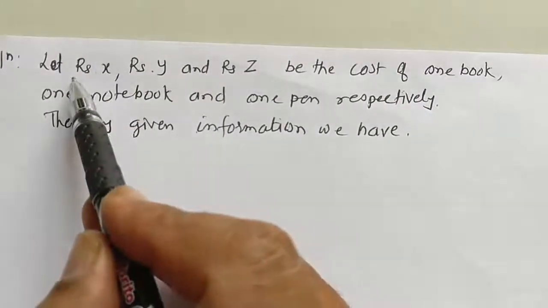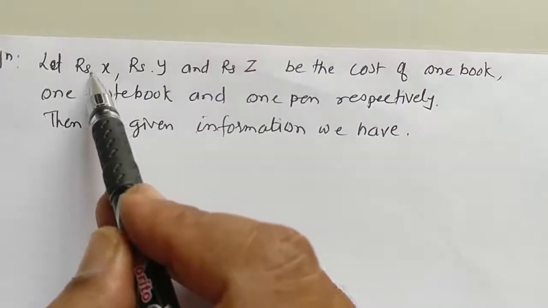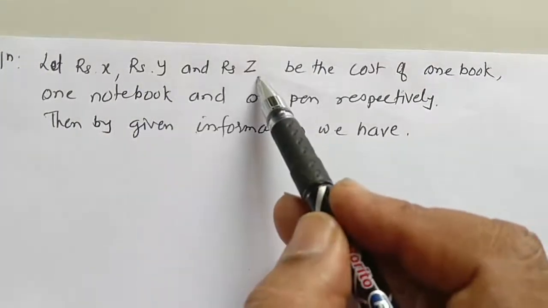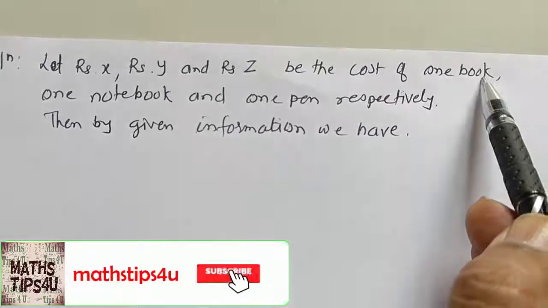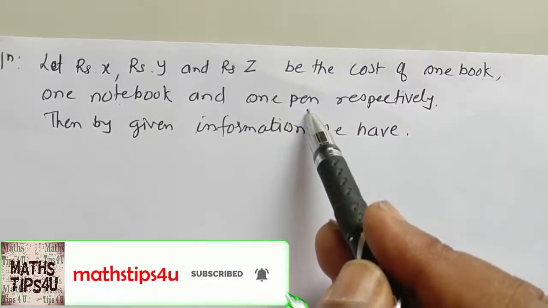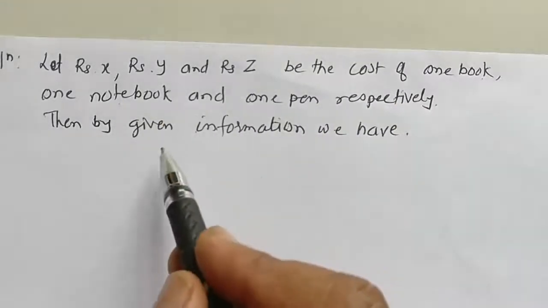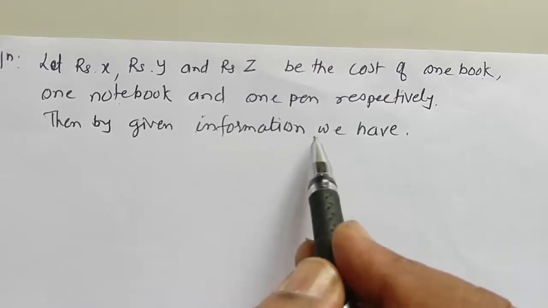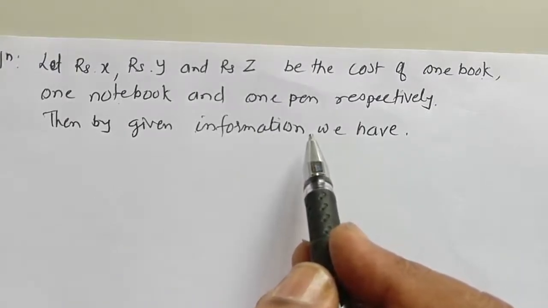Solution: let x rupees, y rupees and z rupees be the cost of 1 book, 1 notebook and 1 pen respectively. Then by the given information we have the equations.